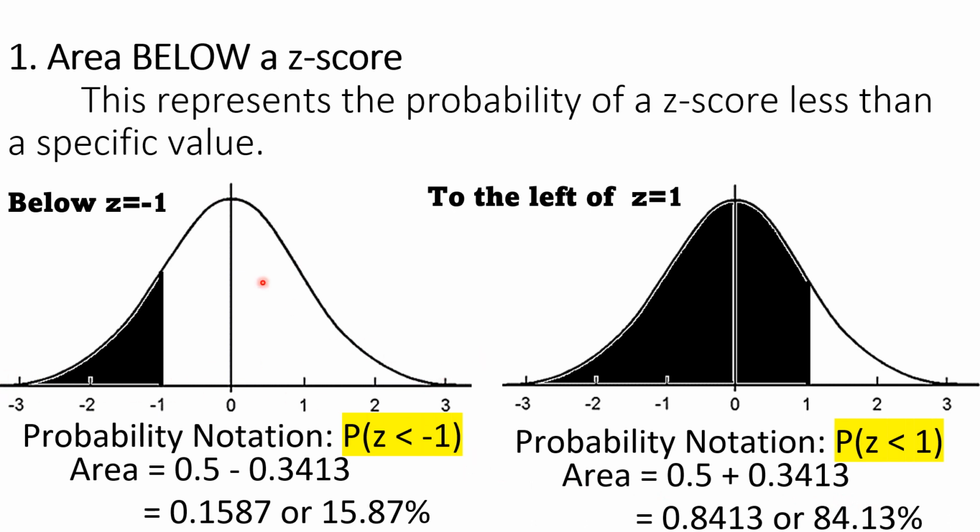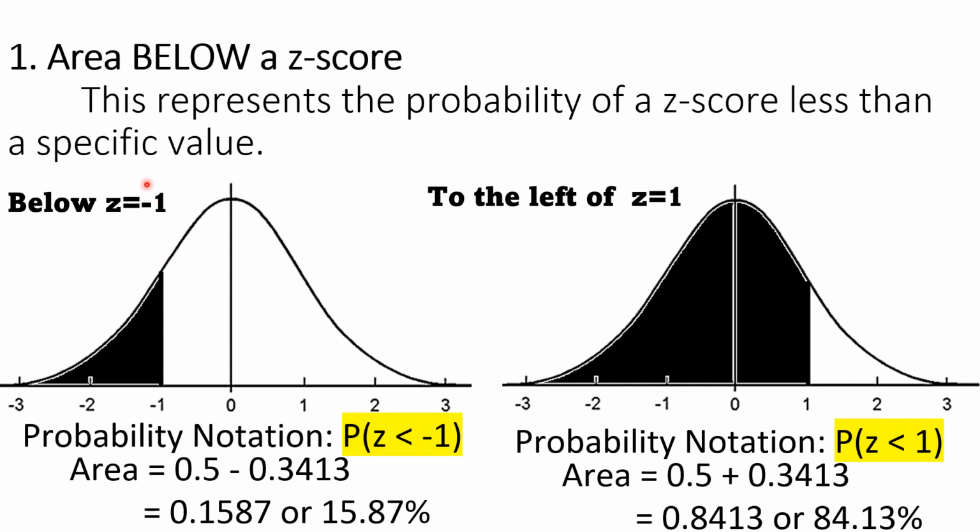So what's the technique here? After drawing the normal curve, if you notice that the shaded region doesn't pass through the mean, then you will subtract. If the shaded part passes through the mean, then you will add. That is the technique there. Whether you add or subtract 0.5 to the given z-score.